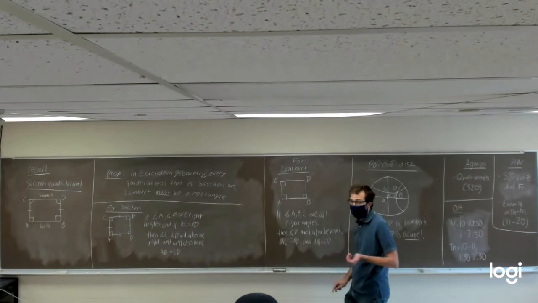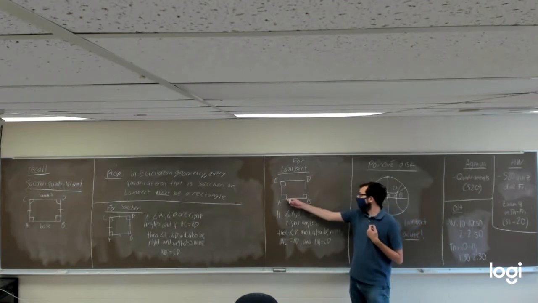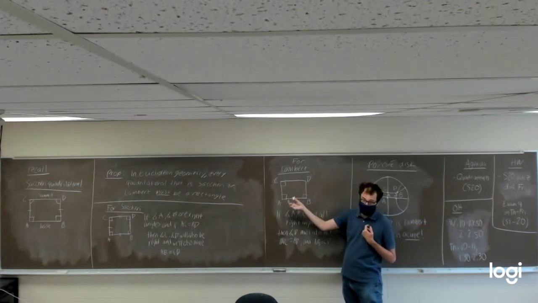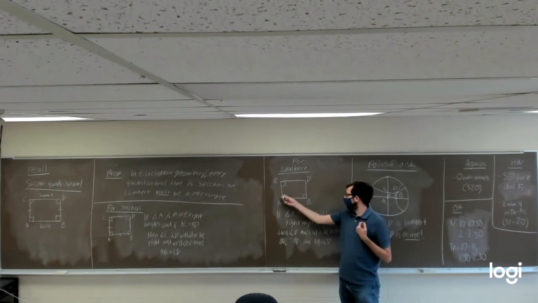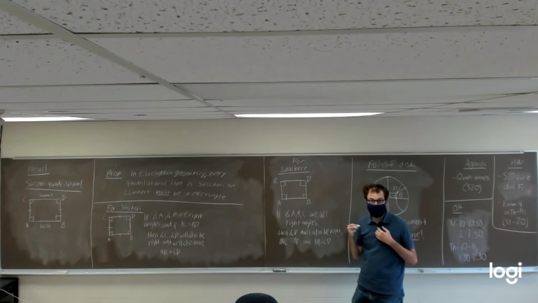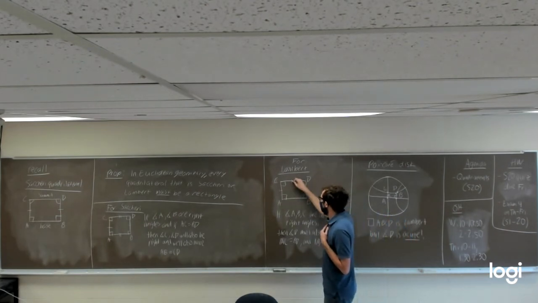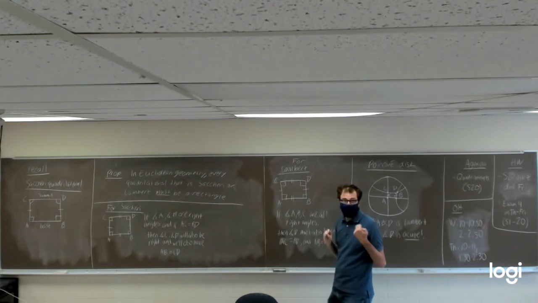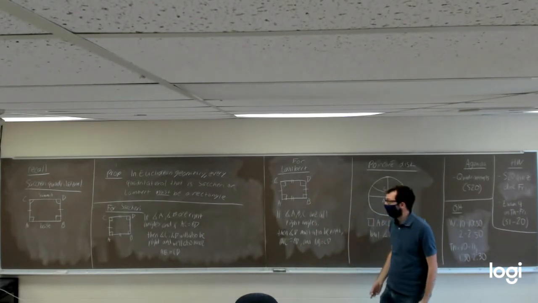Meaning, if you're looking at a quadrilateral where you have three right angles, then the last angle will automatically have to be a right angle, and the two sides will have to be the same length, and the top and bottom, the base and the summit, will also have to have the same length.